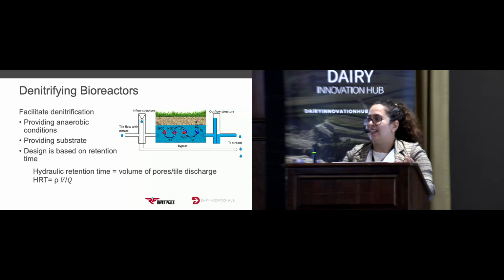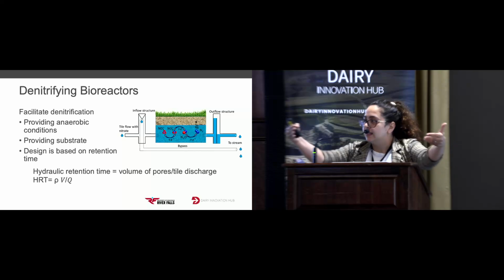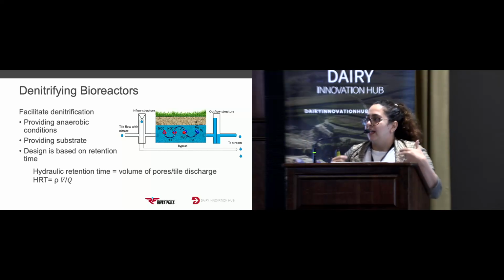We wait and monitor the system to see if it actually is working. A lot of the performance that we could impact depends on how big we build that box, if there is enough time for denitrification to happen. That's the question that we should be able to answer based on the observations that we make, hopefully.